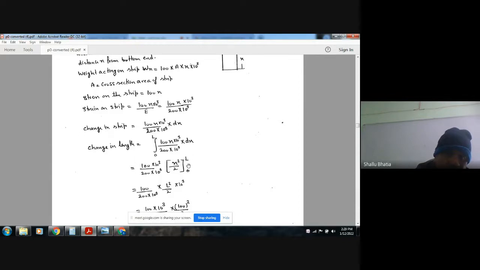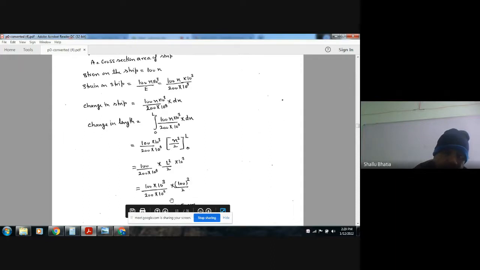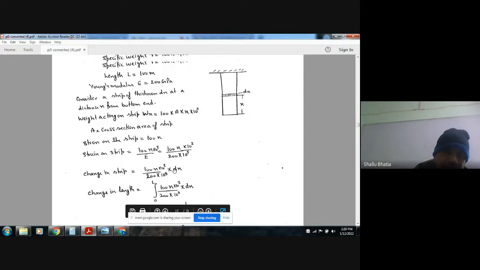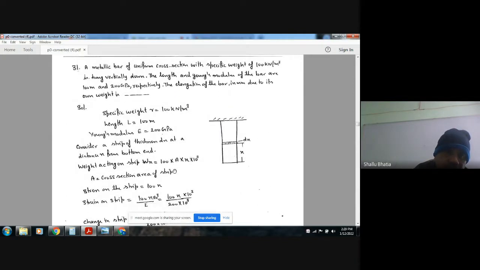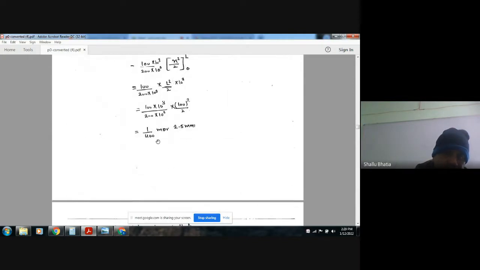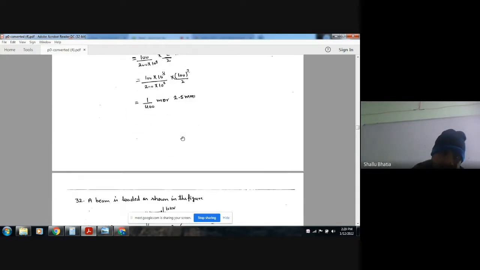Putting the value of L as 100 meters, we get 1 by 400 meters, which is an extension of 2.5 mm.